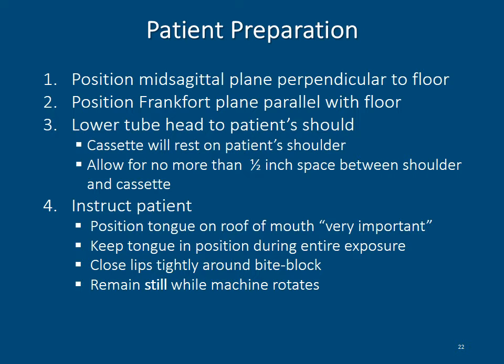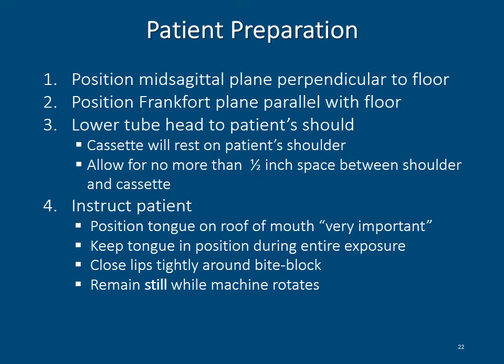It does not sit on the patient's shoulder, because as it turns around it would move the patient, but it glides over the top of the shoulder with just a very little bit of space to travel through. You may place your 2 fingers to ensure that you are within this space.